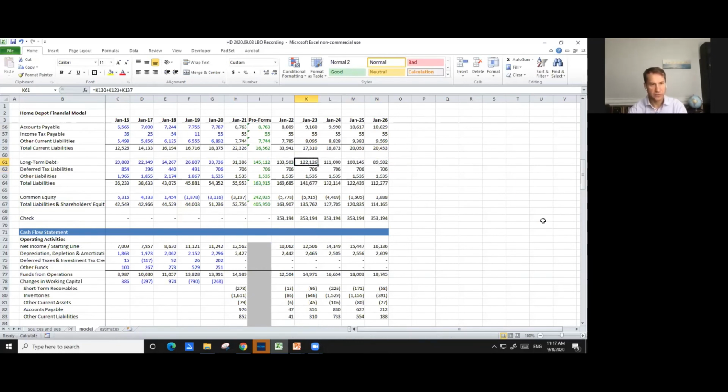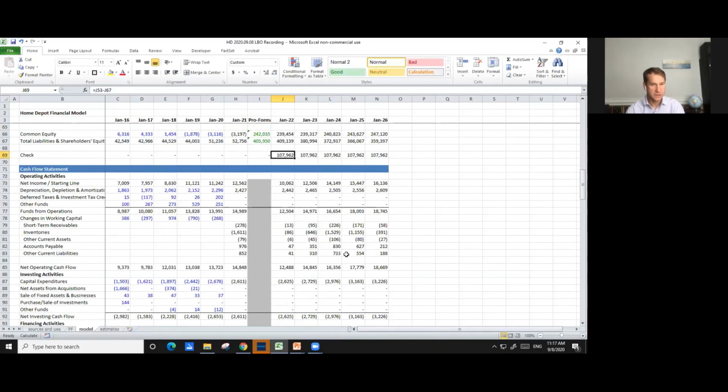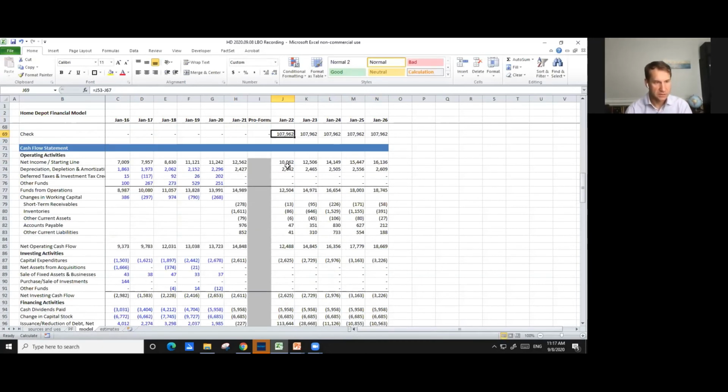I'll draw the formula, I'll extend it. Deferred tax, I will relink. Other liabilities. Common equity as well. All right, so the balance sheet doesn't balance yet because we haven't built the cash flow statement.